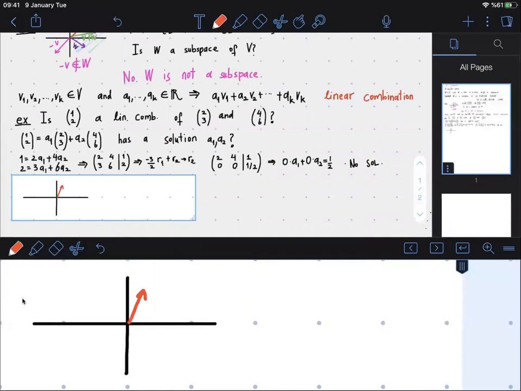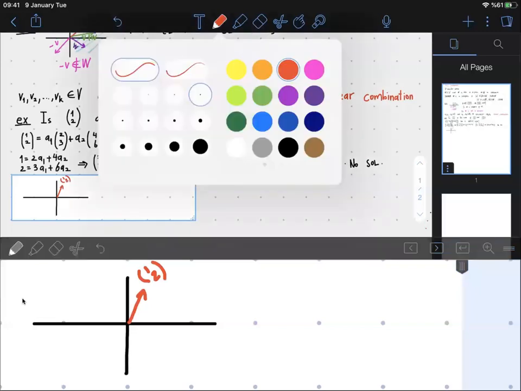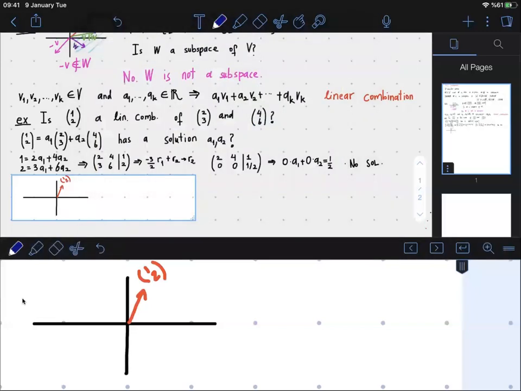What is 2, 3? 2, 3 is another vector, right? I'm not sure about the slope, so the slope is slightly lower. So 2, 3 is a vector like this.